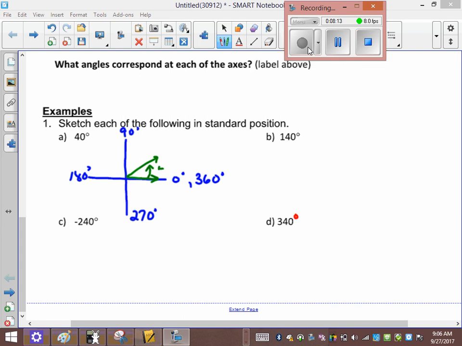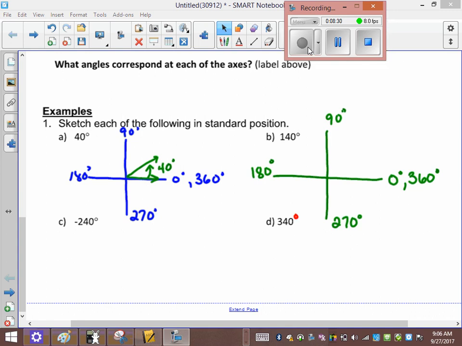That's 40 degrees. And we have 0, 90, 180. So 140 falls about 40 less than 180. So I'm going to draw it about 40 less than 180. And then I'm going to go from here to here. I have to make sure I draw my initial arm too. So that's 140.